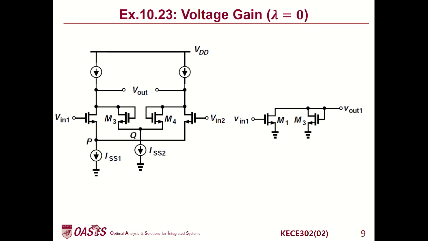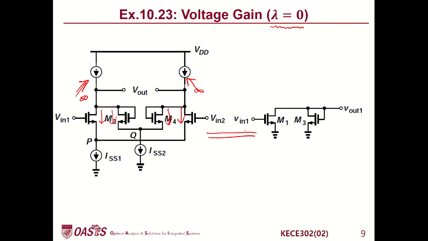And finding the voltage gain for the case that we neglect channel length modulation. So, of course, the impedance of the current source will be infinite. And you don't neglect output impedance for this case, that case, and the 4 different cases.